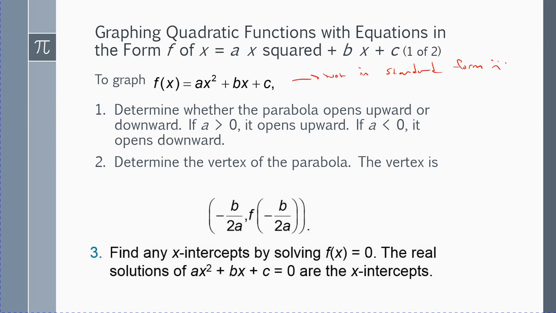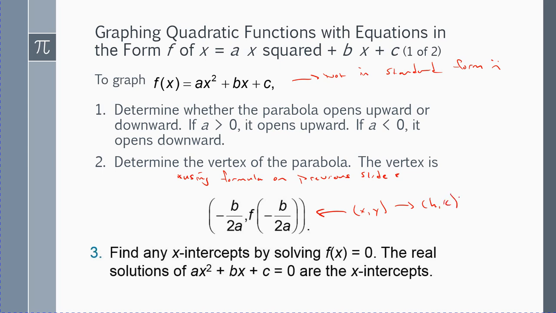So you're going to use the formula to determine the vertex of the parabola. Okay, so you're just using the formula on the previous slide. So this is going to be the xy coordinate. So that's the vertex, this h comma k.